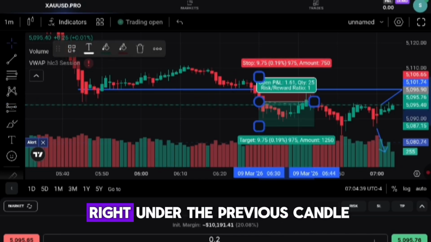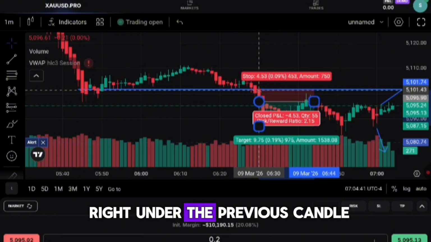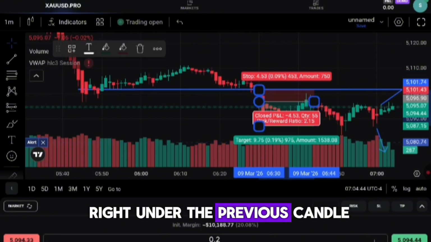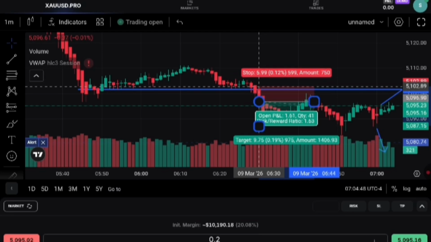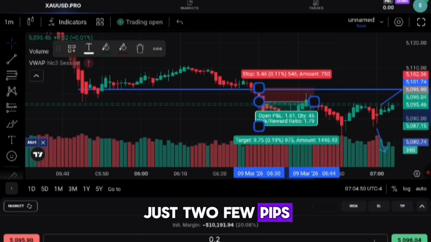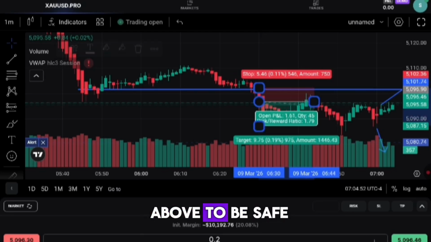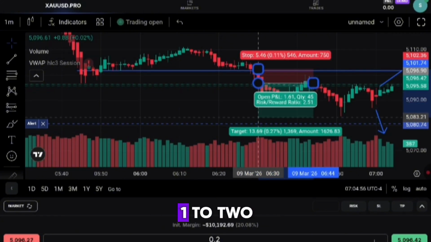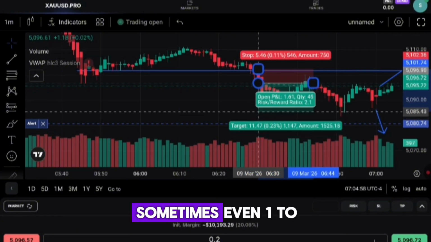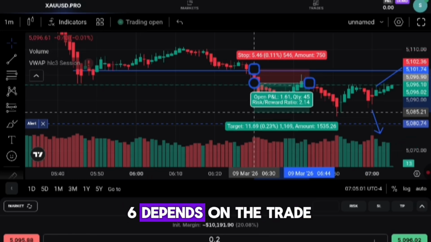Putting stop loss right under the previous candle, just a few pips above to be safe. And we can go into this one 1 to 2, sometimes even 1 to 6, depends on the trade.